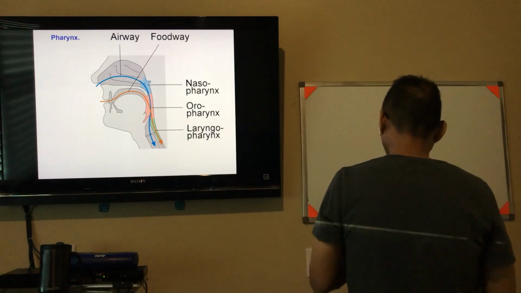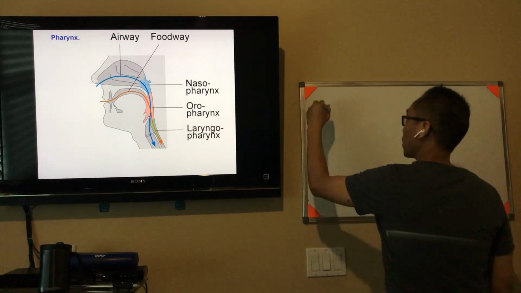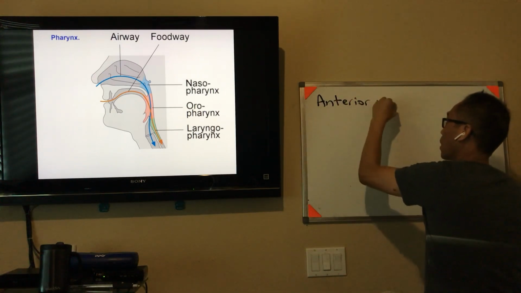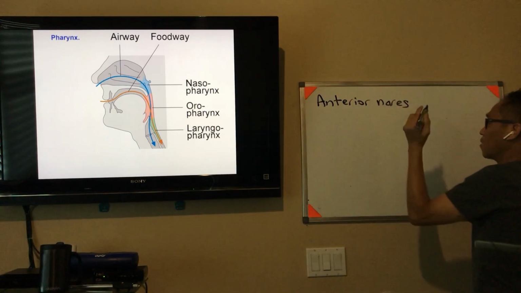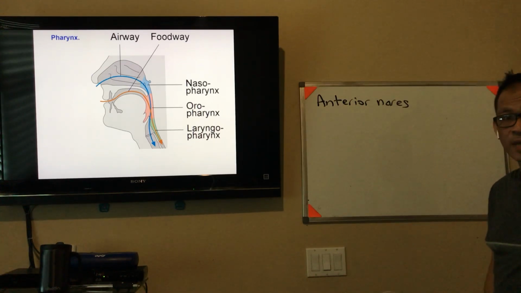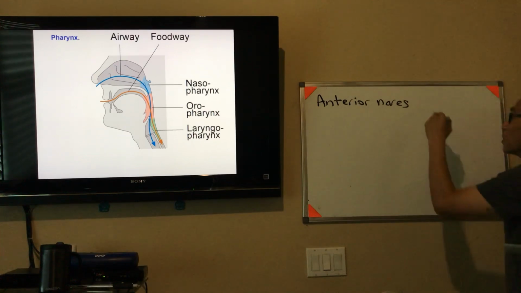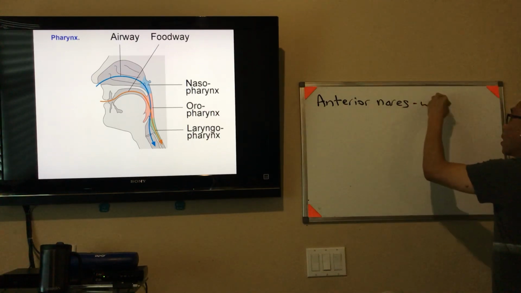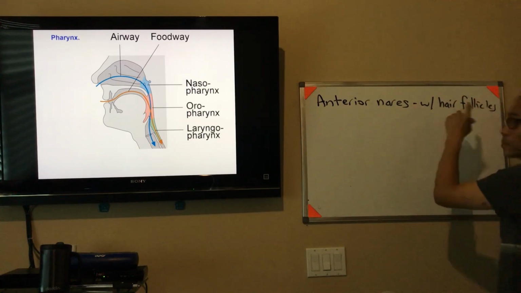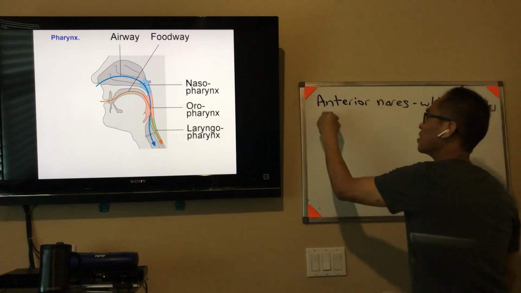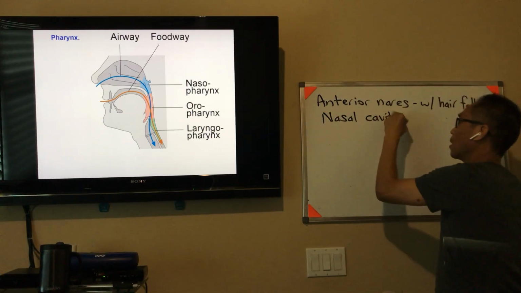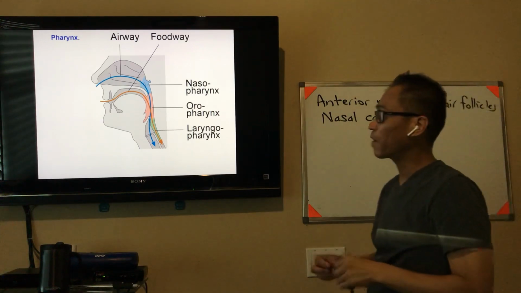So your nose, or the anterior nares, is where it starts. Basically, in your nose, you have hair that can catch some of the debris you're breathing in. Hair follicles. And get into the nasal cavities, which you see in this picture here with the conchae.